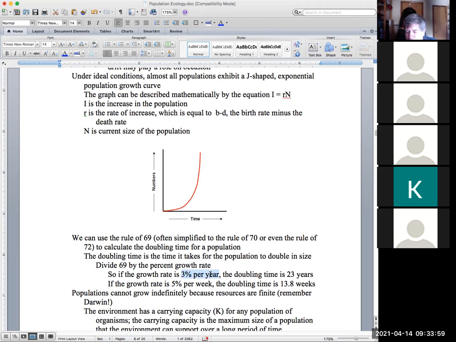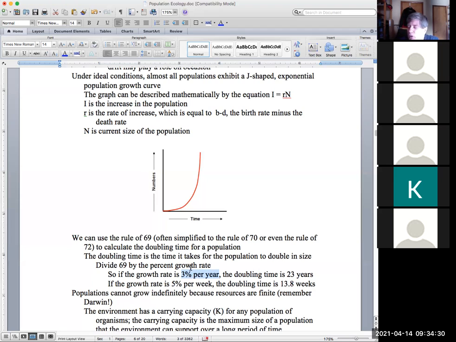So if we have a population and the growth rate is 3% per year, the way we calculate the doubling time is we take 69 divided by 3. Notice if we convert our growth rate to a percentage, we don't have to worry about decimals. So we take 69 and divide by 3. So the doubling time is 23 years.